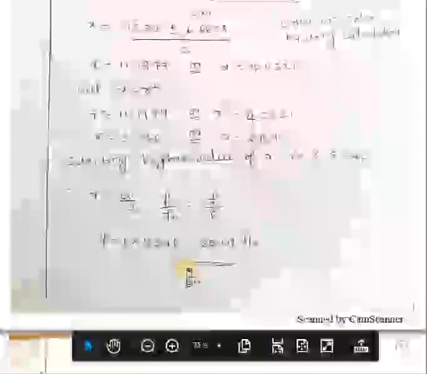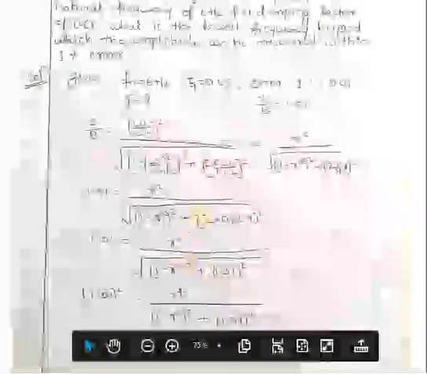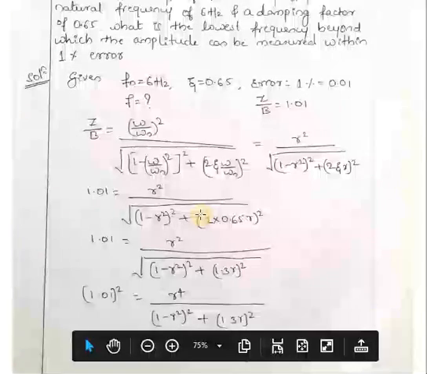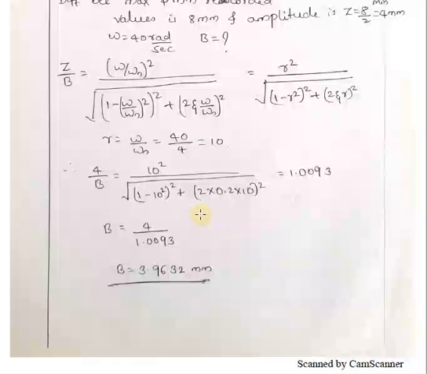Whatever problems we have solved in this video are on the vibration measuring instrument. In this fifth module, we studied the basics of the force function, forced vibration, and the undamped forced single degree of freedom system. We derived the equation for the amplitude and phase angle, and a damped forced single degree of freedom system.